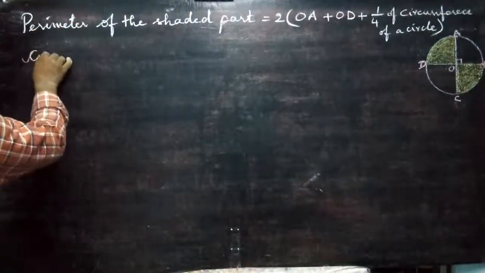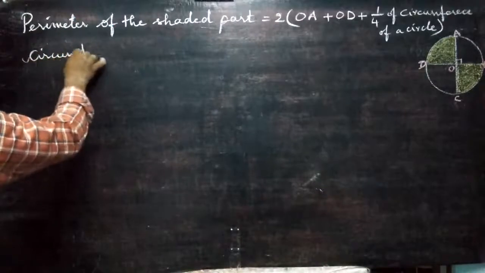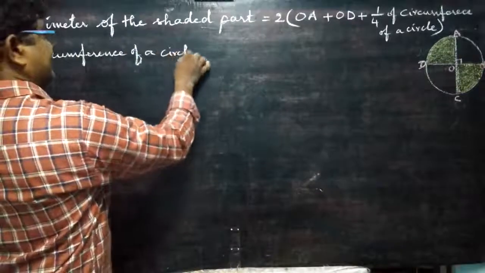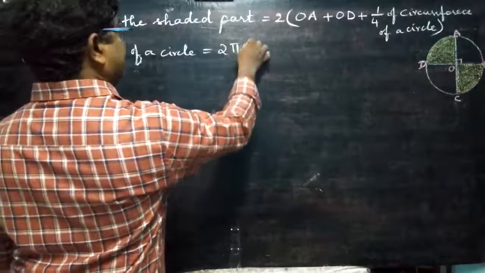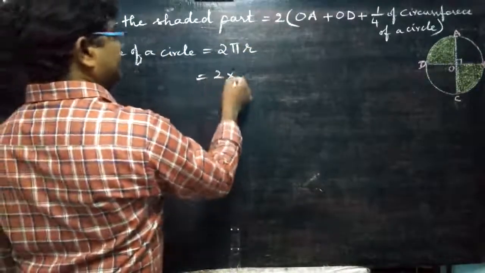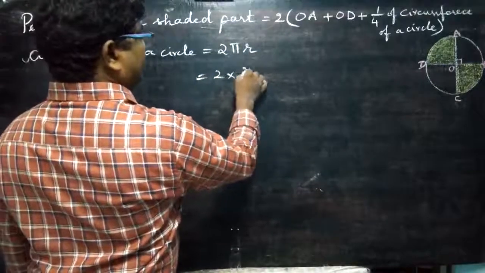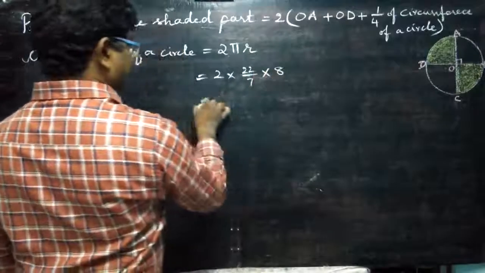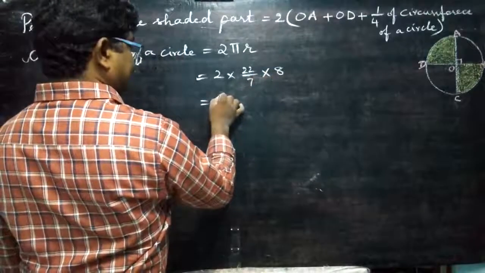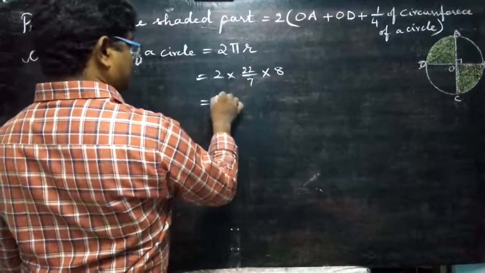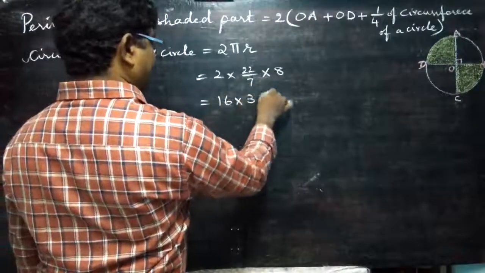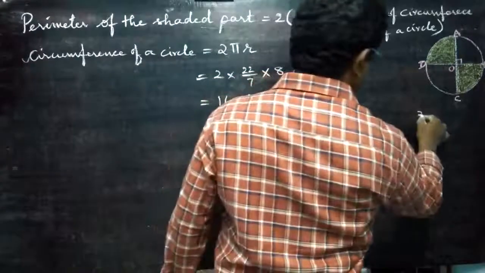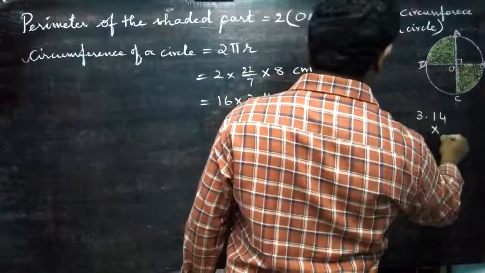So first you find the circumference. Circumference of a circle. 2 pi r. 2 into 22/7 into 8. In the place of 22/7, take 3.14. 16 into 3.14 centimeters. So 3.14 into 16.